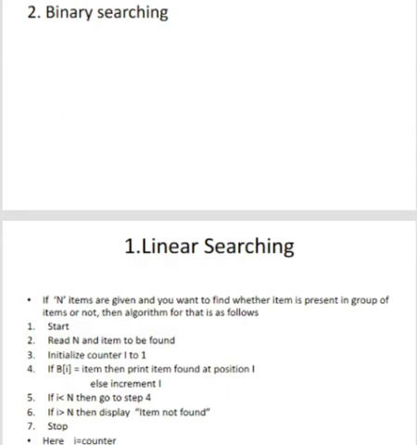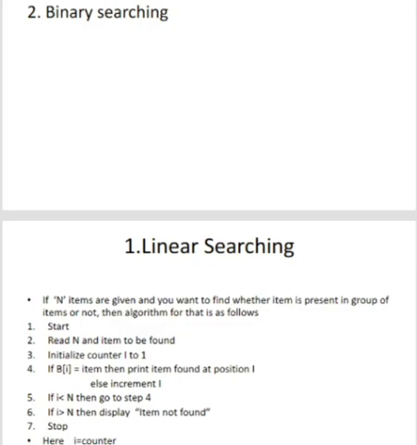Start, read n and the item to be found. Initialize counter I to 1. If B of I is the item, then print item found at position I, else increment I. If I is less than n, then go to step 4.